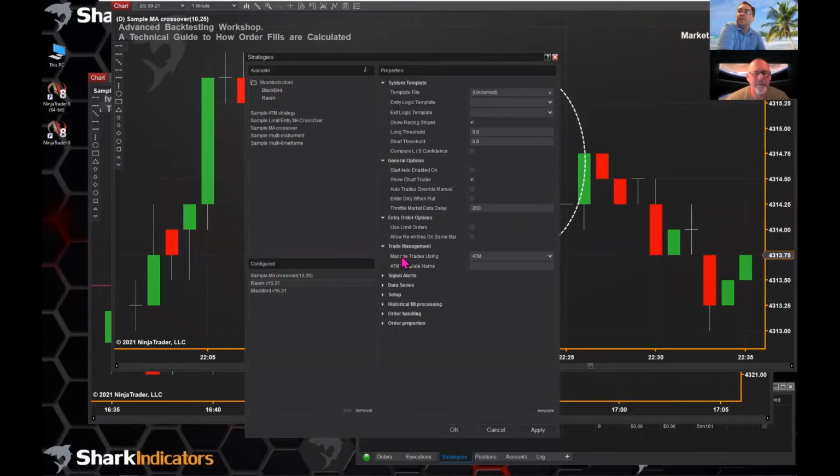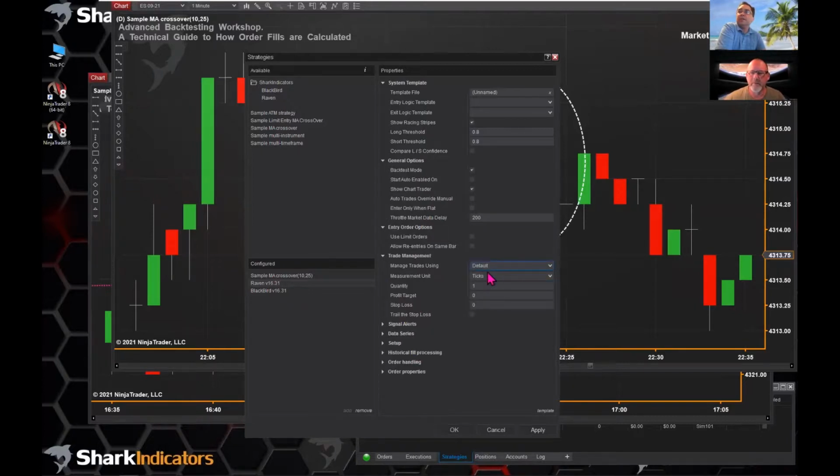So in the managed trades, Raven can submit an ATM so that in live forward testing you can test an ATM, but you can't backtest an ATM. So that's just a limitation with NinjaTrader, right?